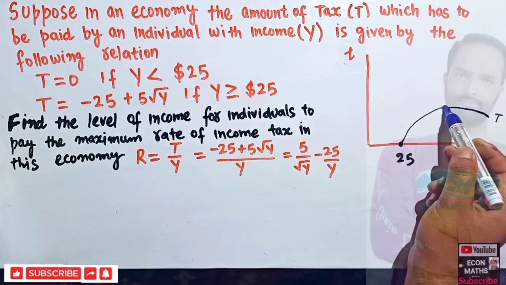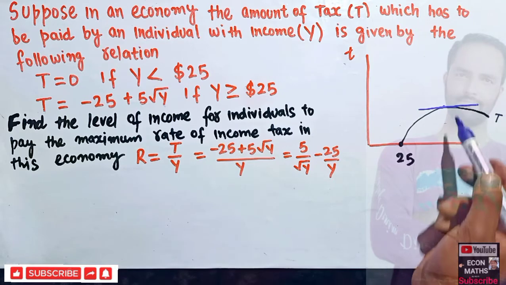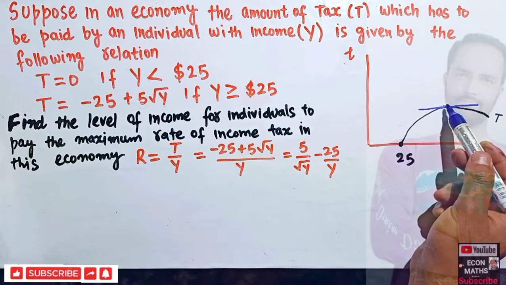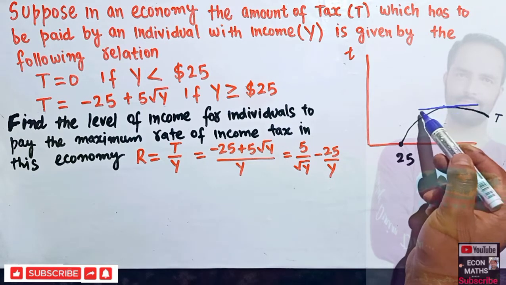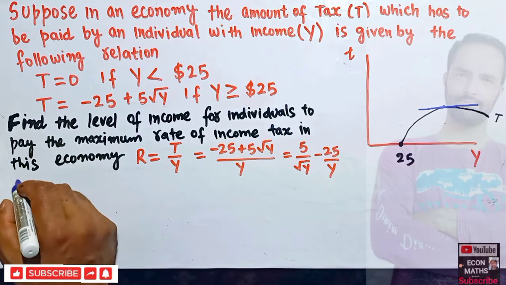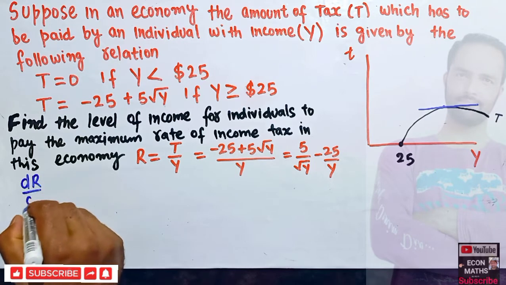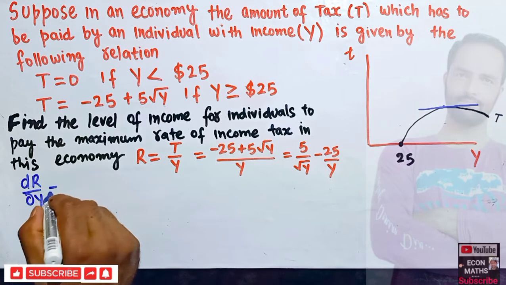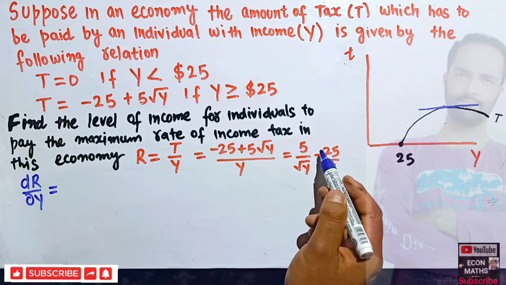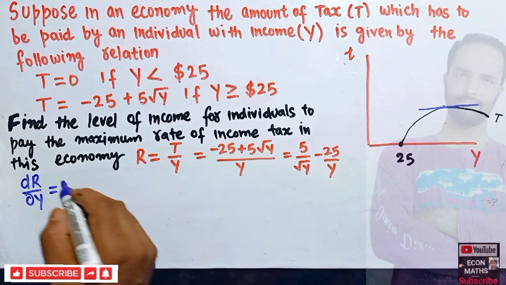Our tax rate will be maximum when the slope of this function is 0. That means we need to find dr upon dy.